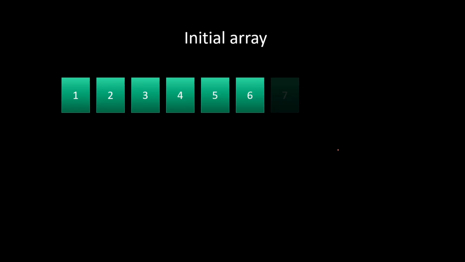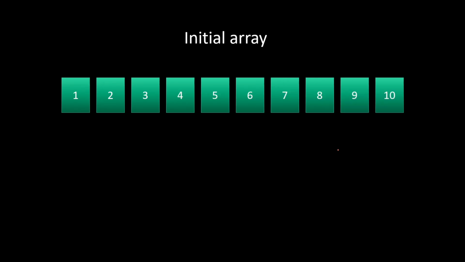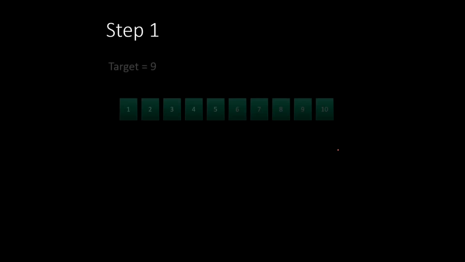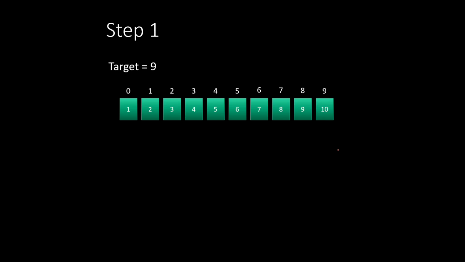See, this is the initial array, and we are searching for 9, which is our target. It's step 1. These are the indexes, and we have low and high. Low is at the starting index, and high is at the ending index.